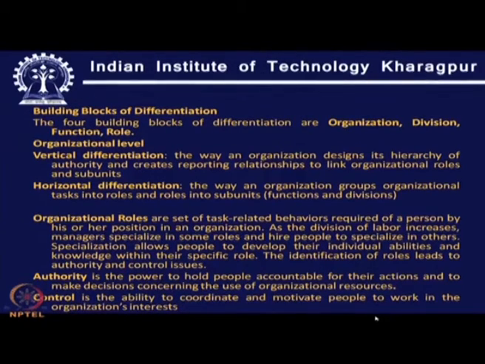Managers specialize in some roles and hire people to specialize in others. So, specialization allows one employee to become an expert in that particular domain. The identification of roles becomes a center for authority and control issues.